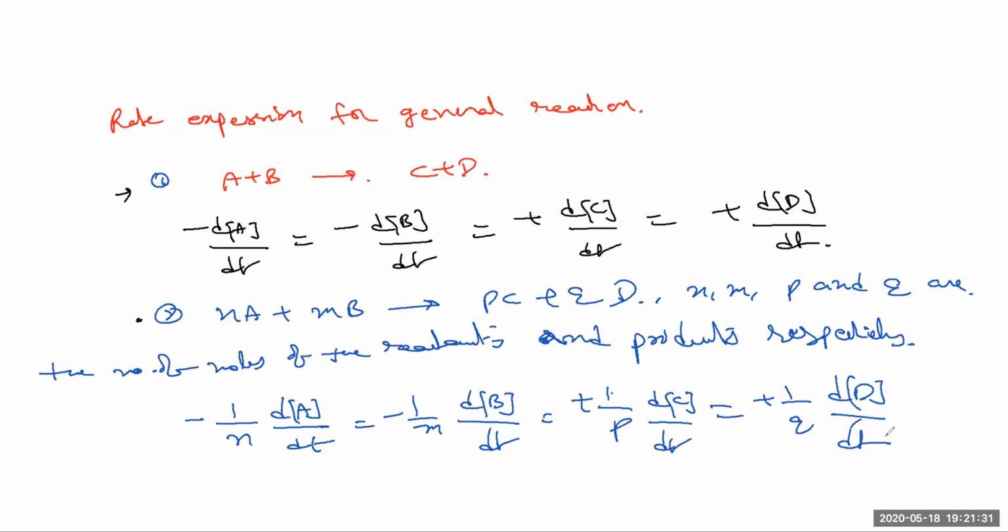Can I clear? Yes, sir. See, what is the meaning of the last one? The disappearance of A is equal to n by m times the disappearance of B, or n by p times the appearance of C, or n by q times the appearance of D. Understood?